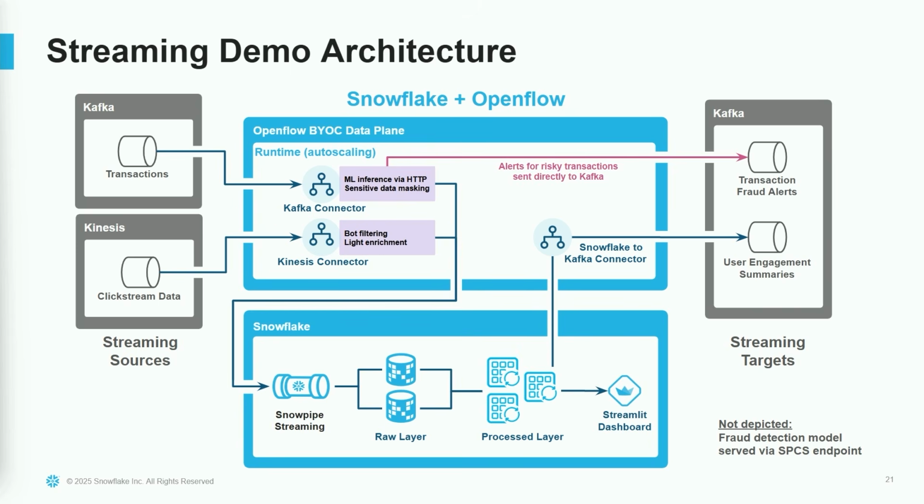Obviously, Openflow is going to cover getting the data into Snowflake and also getting data out of Snowflake back into Kafka. After the data is ingested, there's going to be processing happening within Snowflake. In this demo, I'm primarily going to be using dynamic tables.